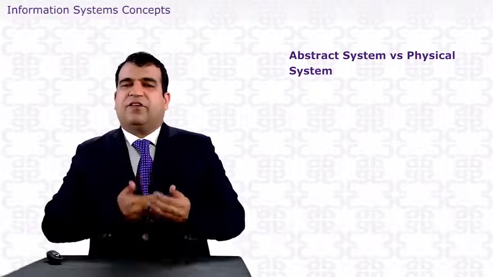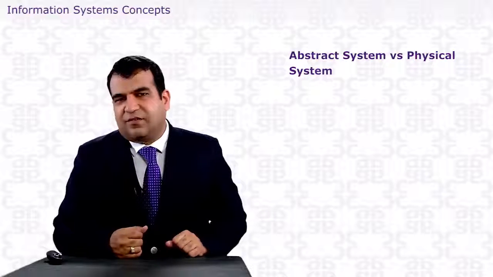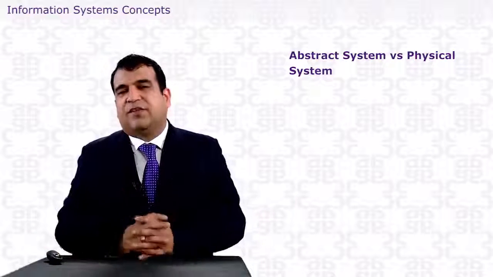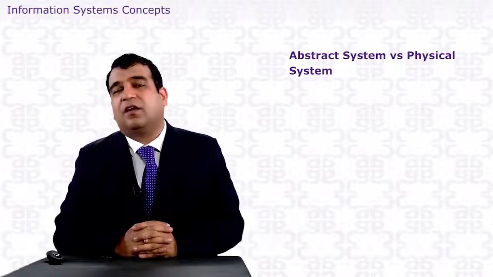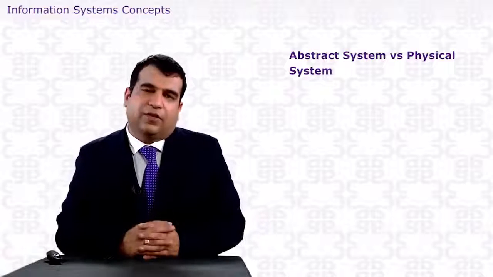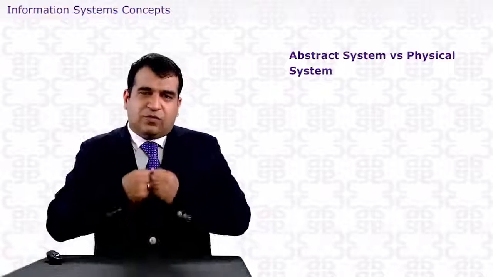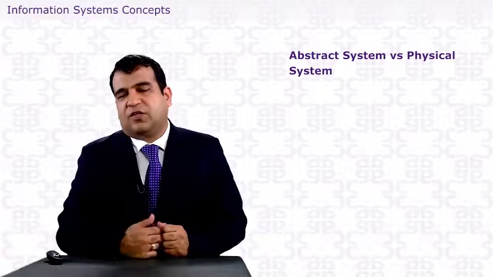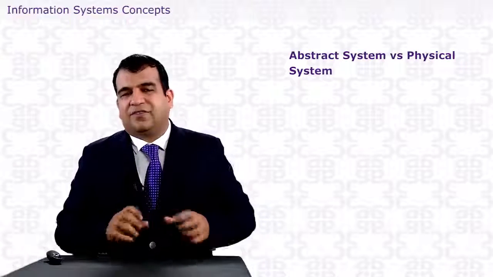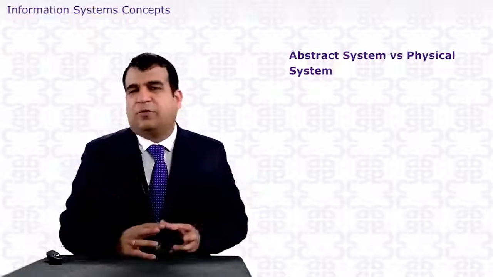And when we translate this abstract system into more physical terms and things, that is known as a physical system. Now this process would actually be done also. There would be printouts coming out for purchase orders, people would be physically signing, documents would be sent to the vendors, that entire setup, computers would be used.